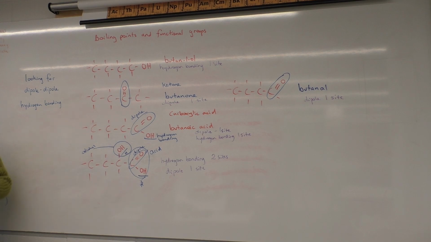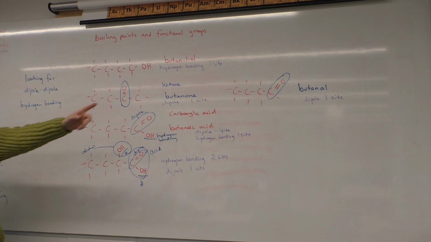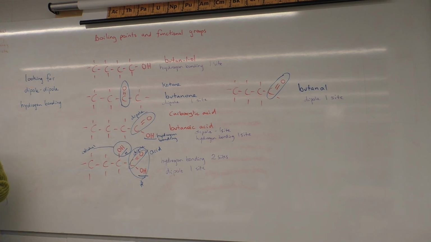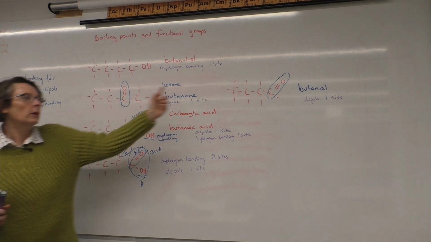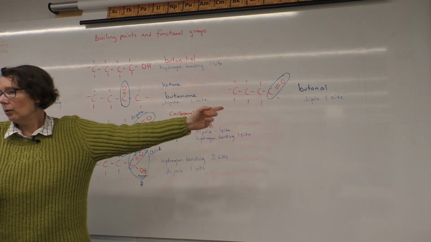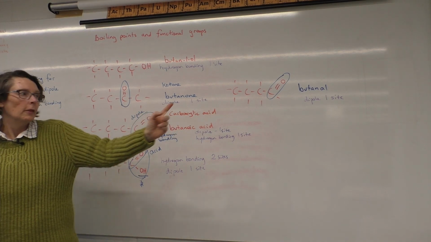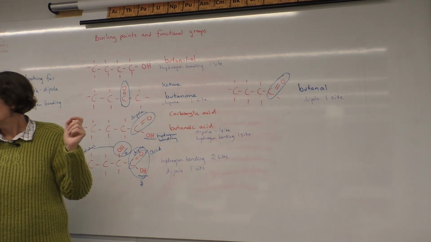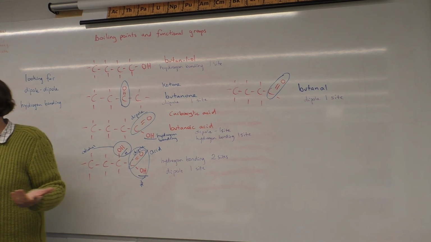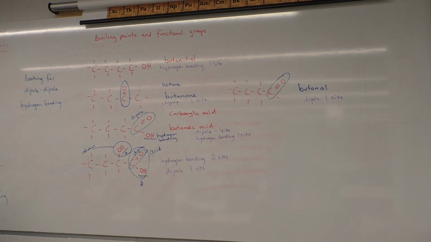Now, geometry also comes into it, and if we've got our dipole on the end of the molecule, it's going to make it easier to interact with adjacent molecules. So we would see a slightly higher boiling point for the aldehyde than the ketone. Does that make sense? So if here we're comparing, basically they're almost identical, aren't they? The difference is geometry. And so then we apply the logic from geometry. Which one's easiest to collide together?